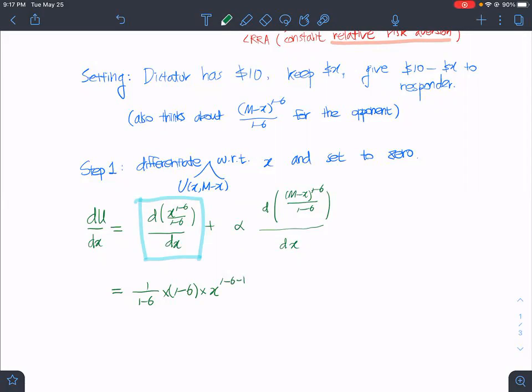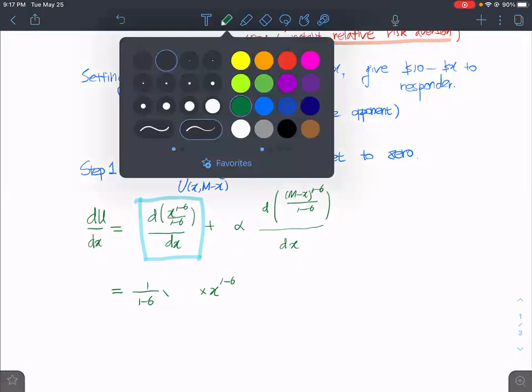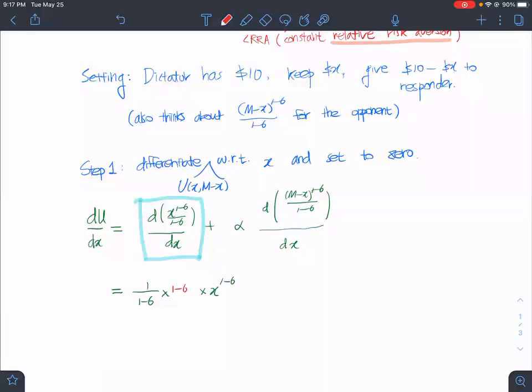Just to be clear, let me highlight the parts that are affected by the differentiation. The 1 minus sigma results from this differentiation, so take 1 minus 1 here. Plus alpha, and then we do it the same way. 1 over 1 minus sigma was already there.